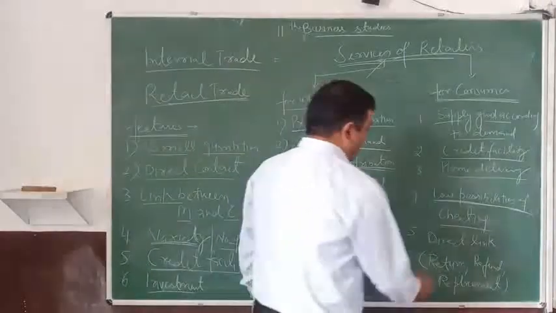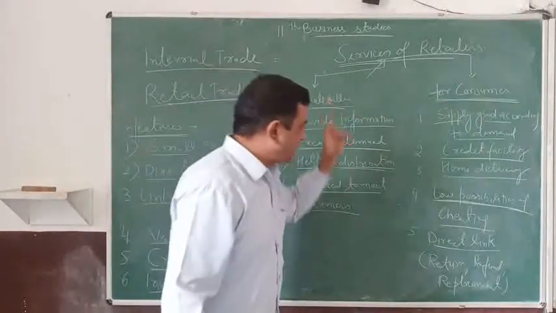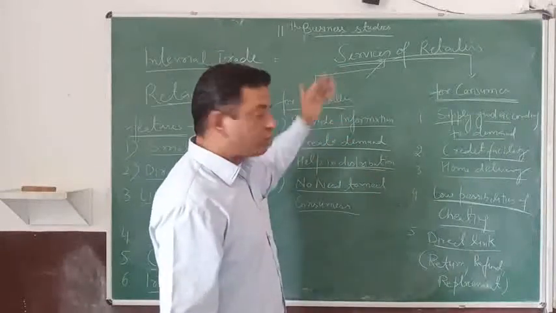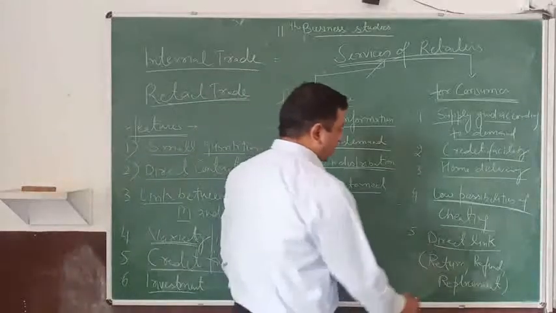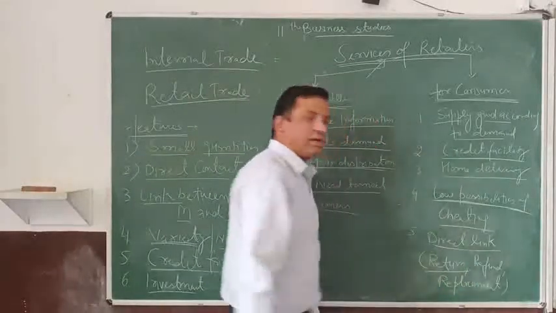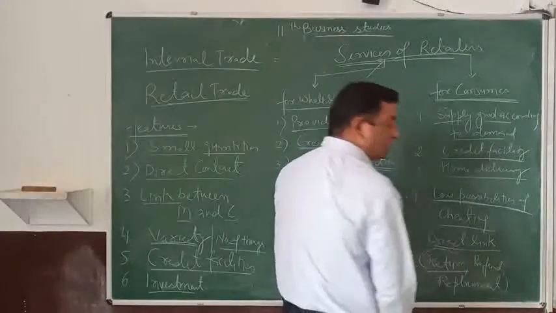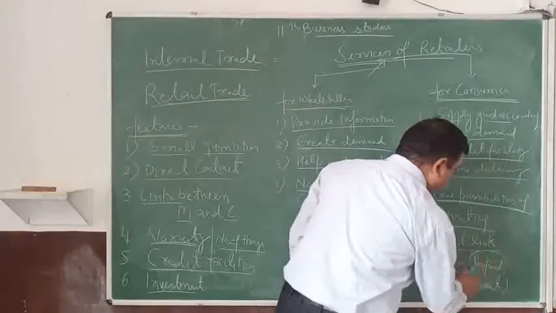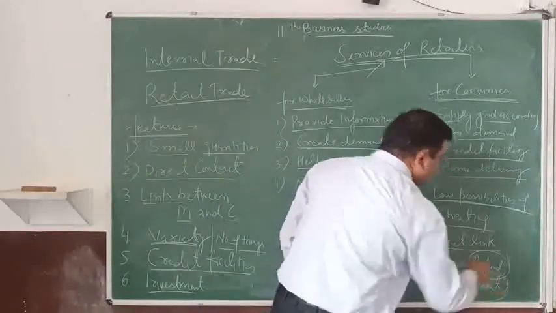Next, as the retailer has a direct link with the consumer, it becomes really easy for the consumer that in case the goods sold by the retailer are not of good quality, it is very much possible to return those goods, to have a refund, and even in certain cases to have a replacement of the goods.